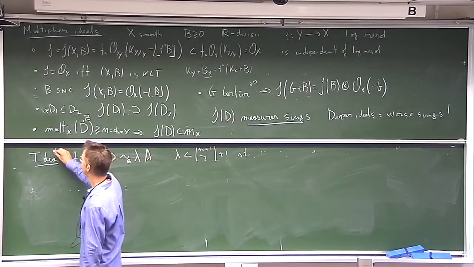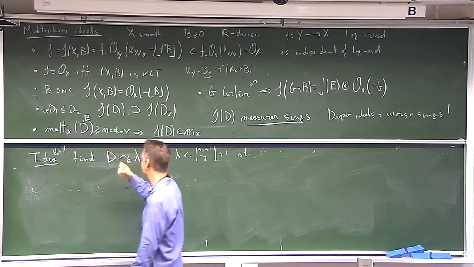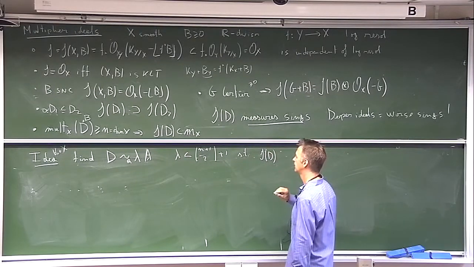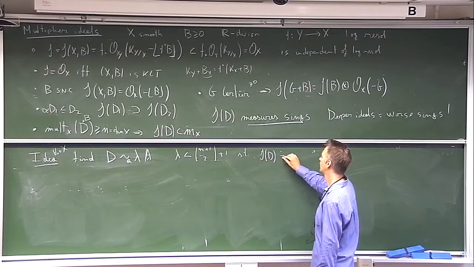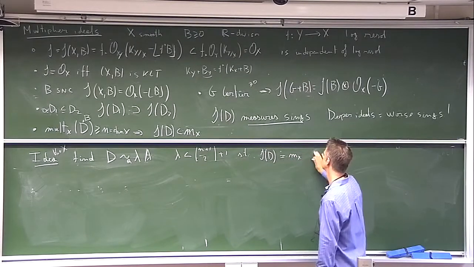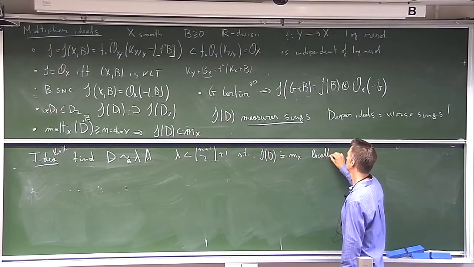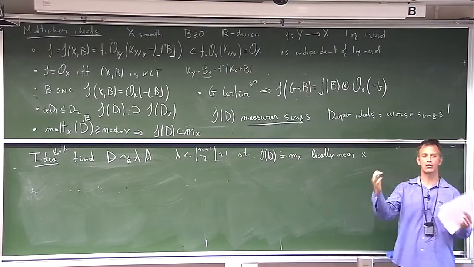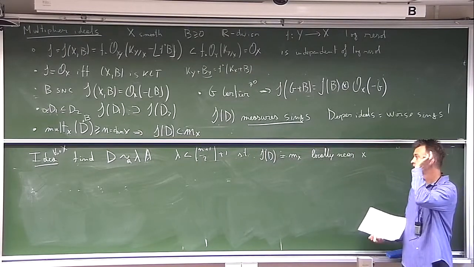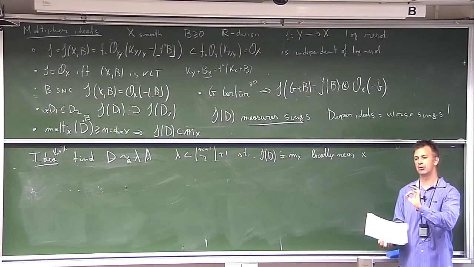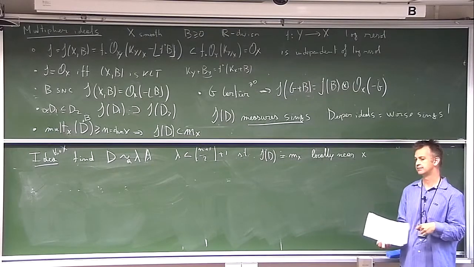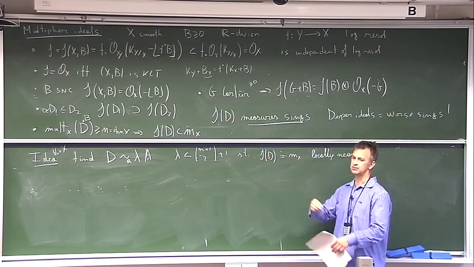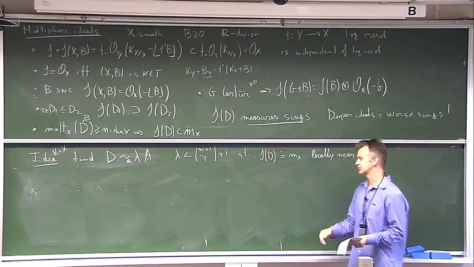So for any x in X, you want to find a divisor such that the multiplier ideal sheaf of D is equal to the maximal ideal of x locally near the point x. You don't need this to be true on the whole variety, but you want to produce that point as an isolated point in the co-support of this ideal. So you don't actually need to even produce the maximal ideal. As long as you produce some scheme of length 0, it automatically follows. But you can always do this.